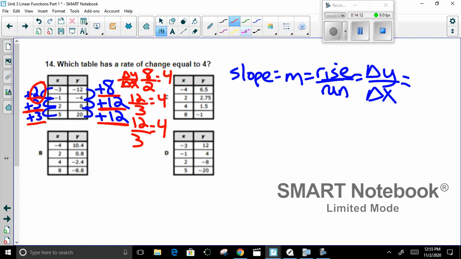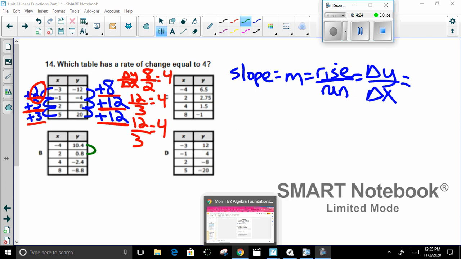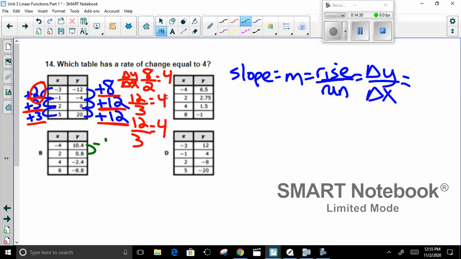I'm always hesitant, though, when the first one is it. So I'm going to go check the rest. All right, so to go from 10.4 to 0.8, obviously I'm subtracting something. I'm subtracting 9.6.